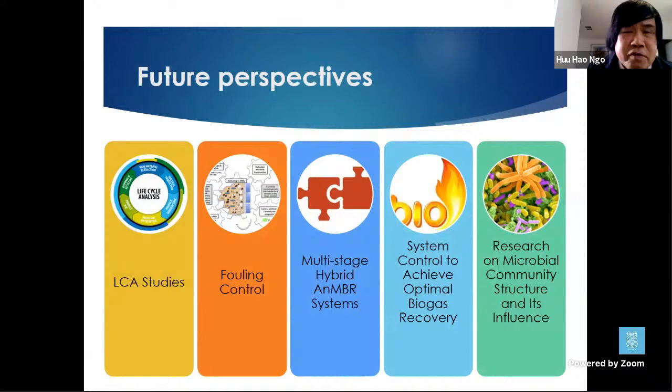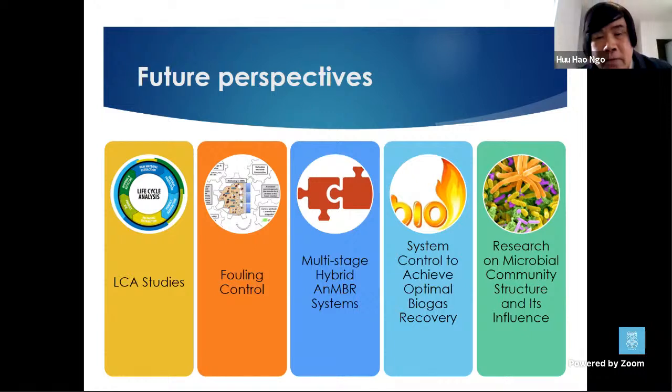All right, the future perspective. That is my suggestion about it. When we talk about the future perspective, we have to think about how to apply the anaerobic MBR in a reasonable way, so that people accept it in the whole world, not only in 1 or 2 countries.